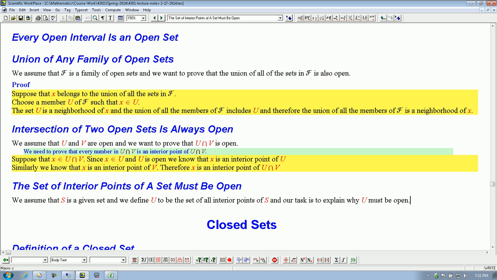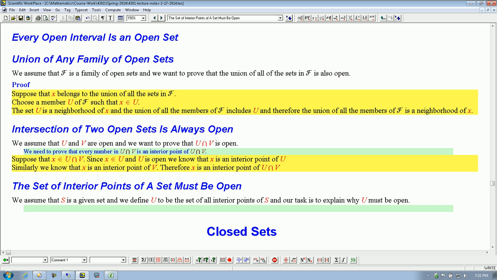So I'm going to change color, and let me tell you what it is that I've got to do. I'm trying to just spell out what I need to do. What is my task?